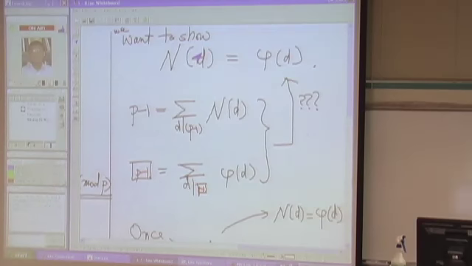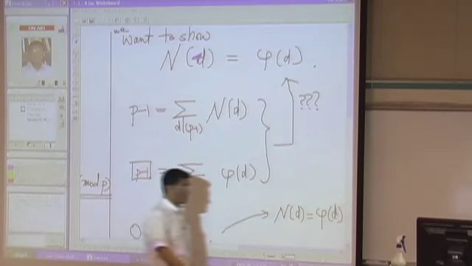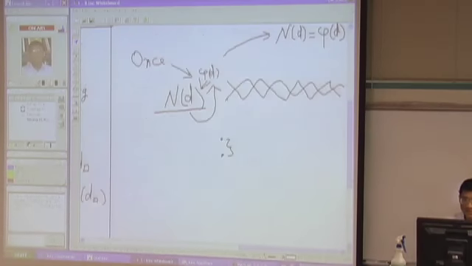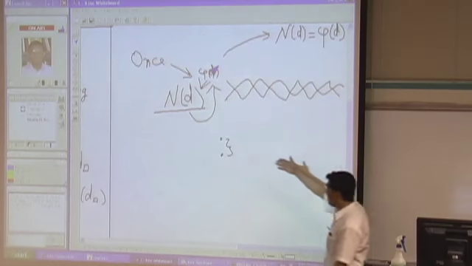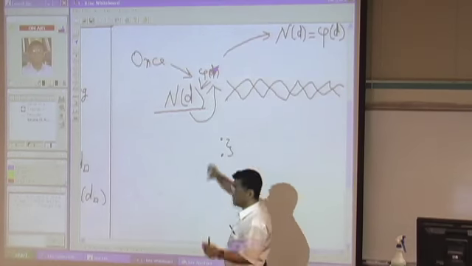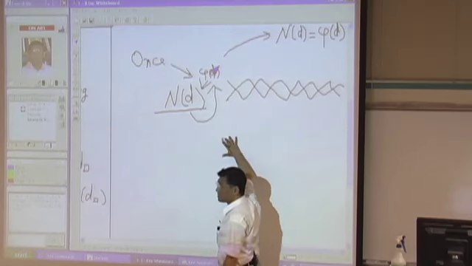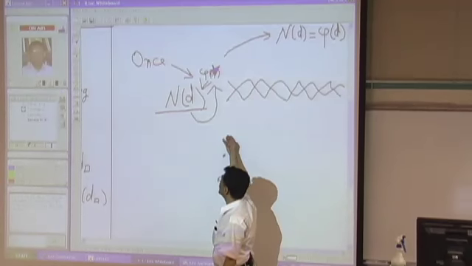Why? Because n of d doesn't exceed phi of d, so they are equal at each point. If somewhere there is a strict difference, then n of d has no chance to catch up under this condition.